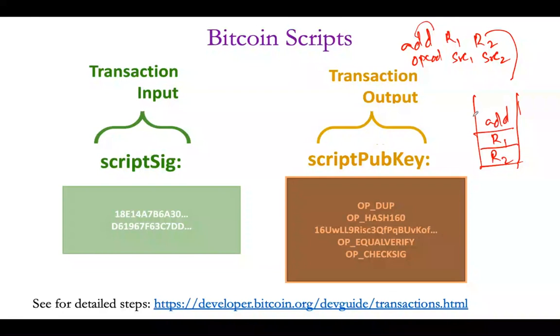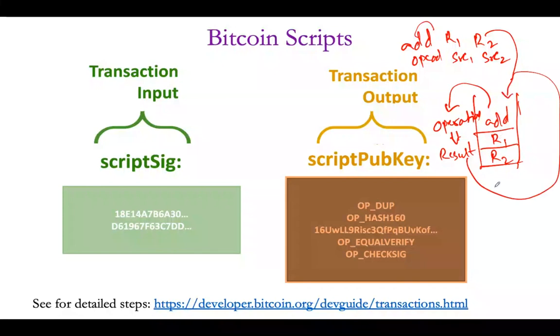When the top of the stack is the opcode, it pops the operation and does the addition of these two numbers, produces the result, and that result will be pushed back into your stack.